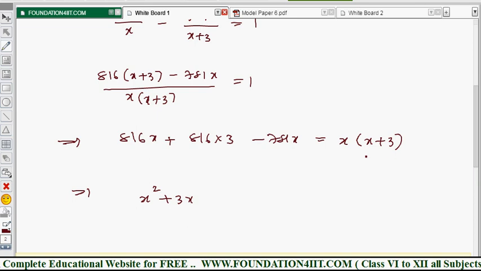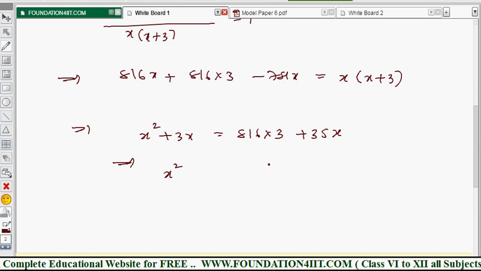Taking to the other side, x square plus 3x equals 816 into 3 and 816 minus 781 is 35x, right? Simplify more, then x square minus 35x plus 3x, so minus 32x minus 816 into 3 is equal to 0.